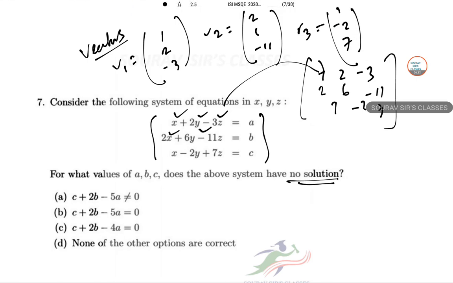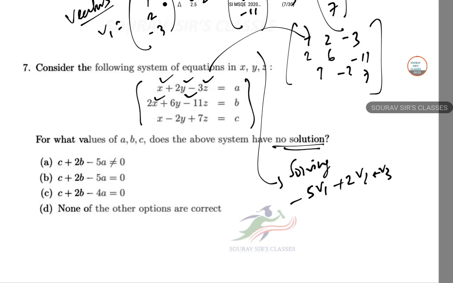So here if we see, taking minus 5v1 plus 2v2 plus v3, let's see what happens.